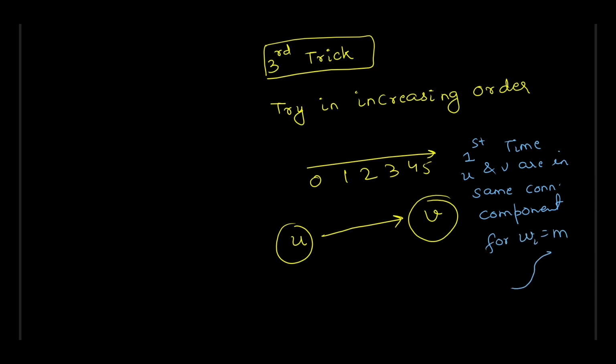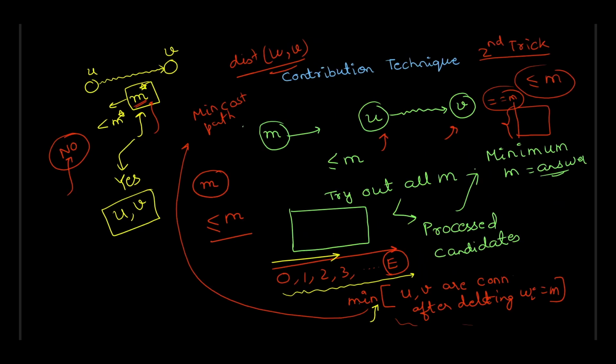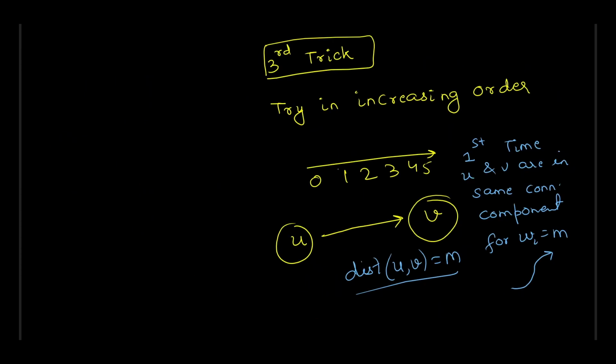Then you can claim that the distance of u comma v is equal to m. And why is this true? Because we said that we wanted to just retain the minima, but since we are iterating from left to right and so far we have not seen any connections between them, but at point 4 suddenly u and v got connected, it means that there is a path from u to v that has max less than or equal to 4.